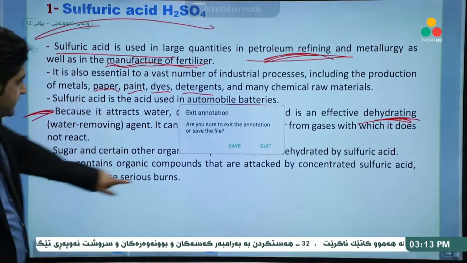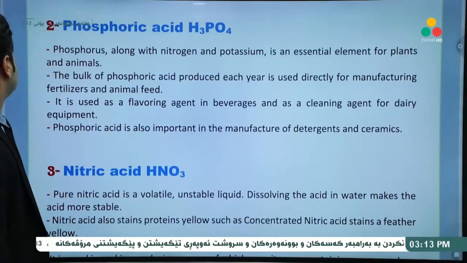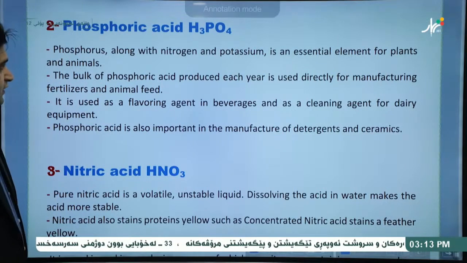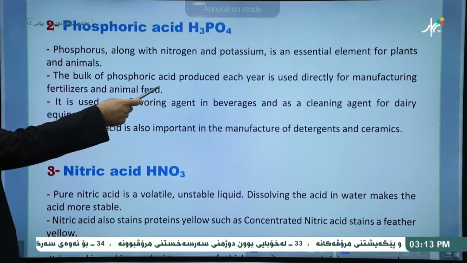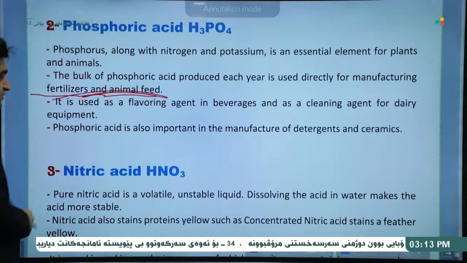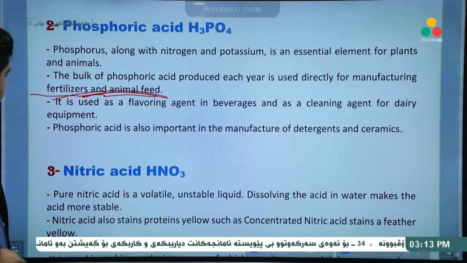That's about sulfuric acid. The second one is phosphoric acid. Phosphoric acid is used directly in manufacturing fertilizer and animal feed, and to prepare superphosphate fertilizers.